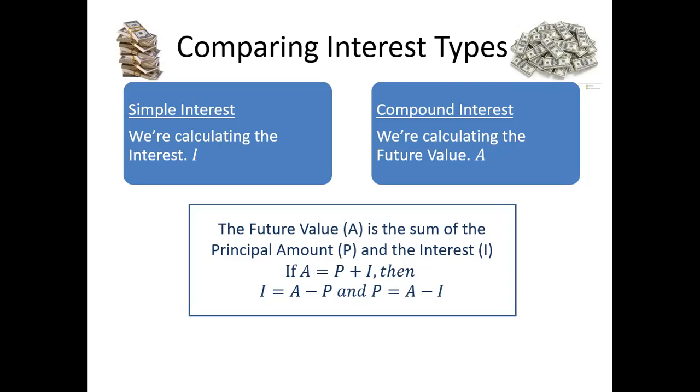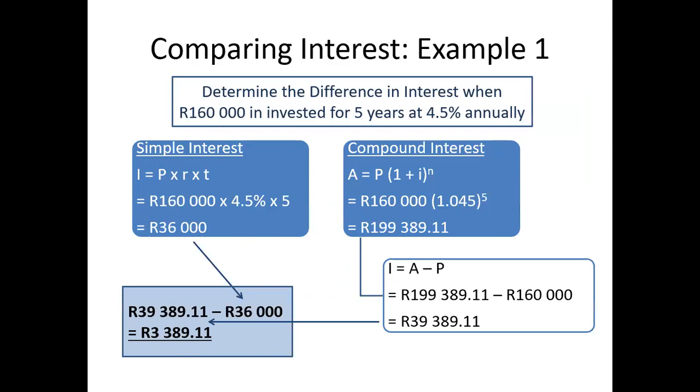Let's have a look at how it is typically asked of you in an exam. Two ways. Here's the first way. It says determine the difference in interest when 160,000 is invested for 5 years at 4.5% annually.